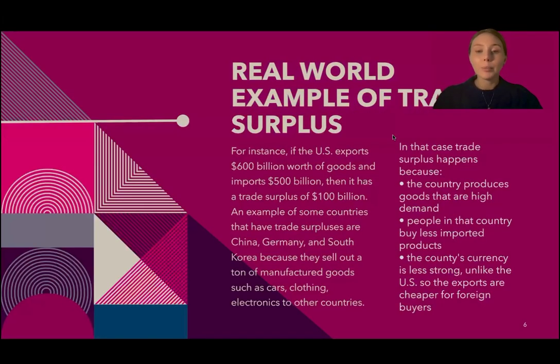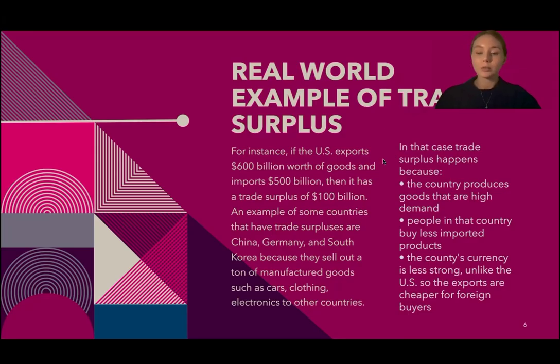Now, an example of a trade surplus. Germany and Japan run trade surpluses because they export cars and industrial equipment. These differences show that trade balances depend on each country and what each country produces most efficiently.